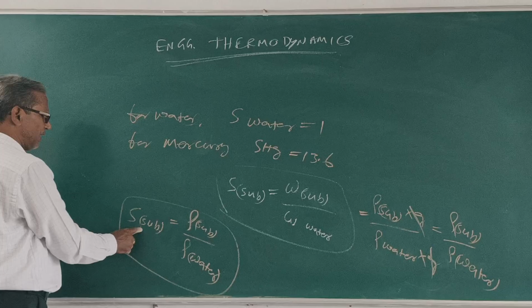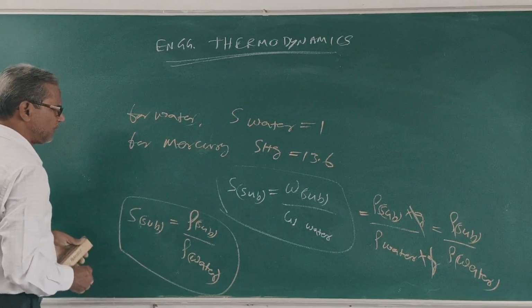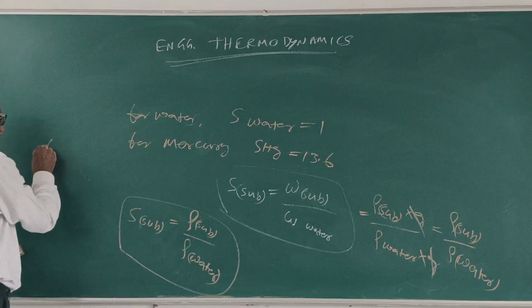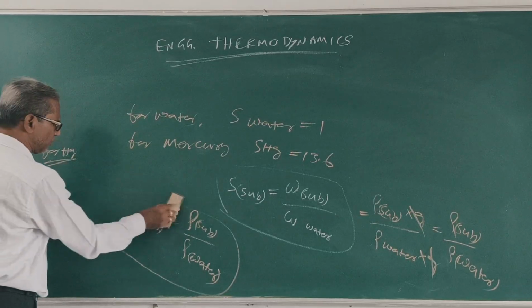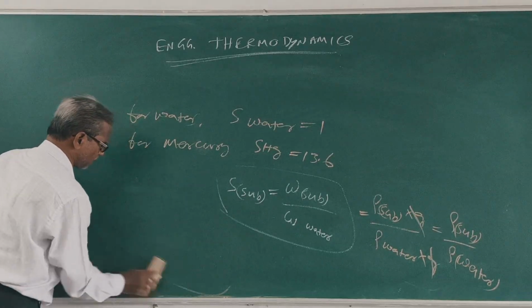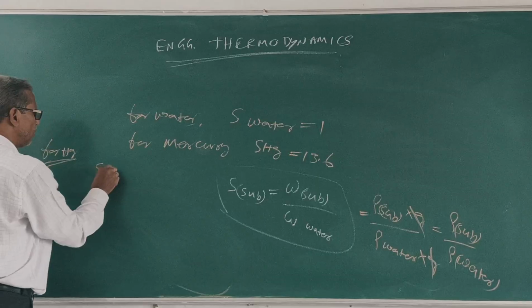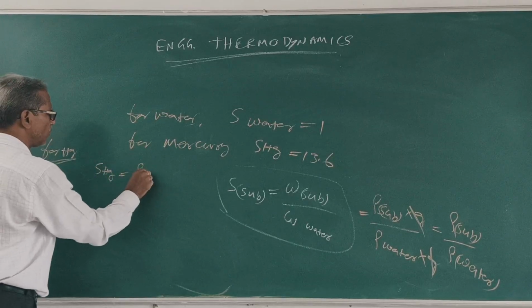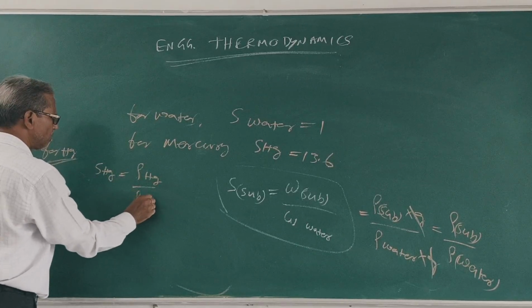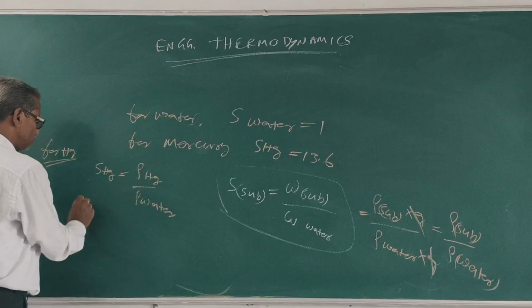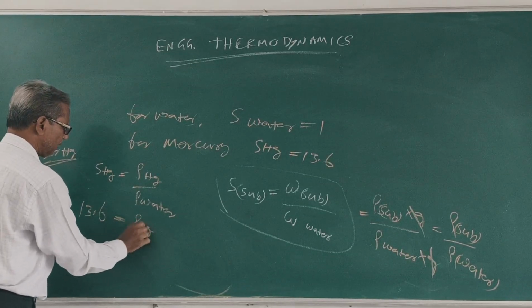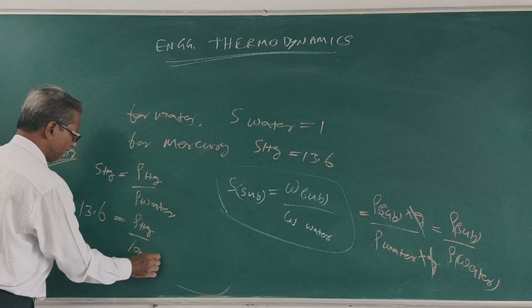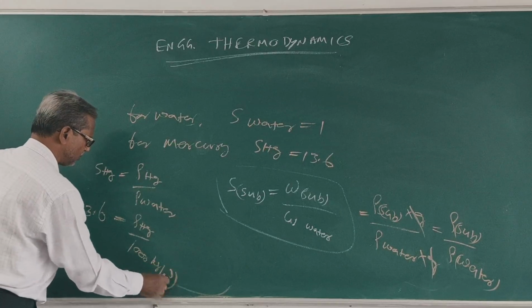Put here for mercury. Similarly, for mercury, what is rho Hg? SHg is equal to rho Hg by rho water. So 13.6 is equal to rho Hg by 1000, in kg per meter cube.